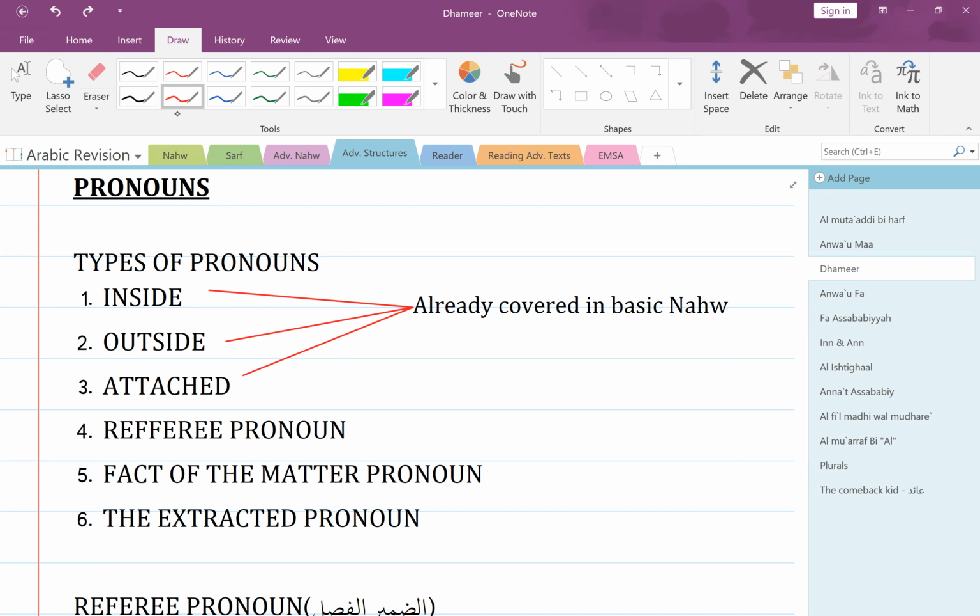And just maybe for purposes of our own, if you come across these words, inside pronoun in Arabic is called damir mustatir. Outside pronoun is called damir al-munfasil.